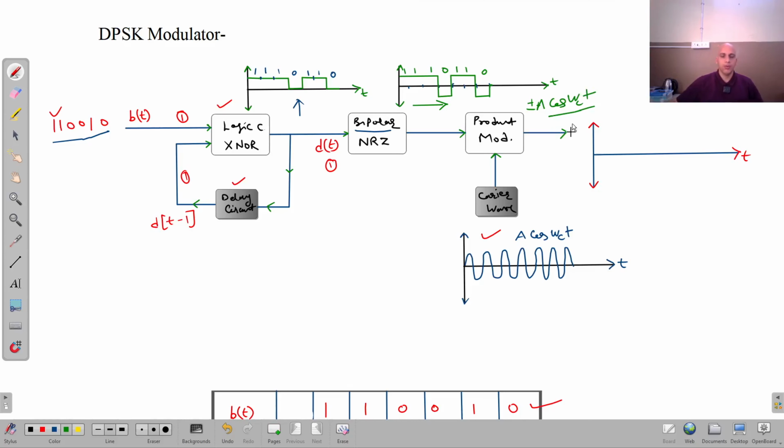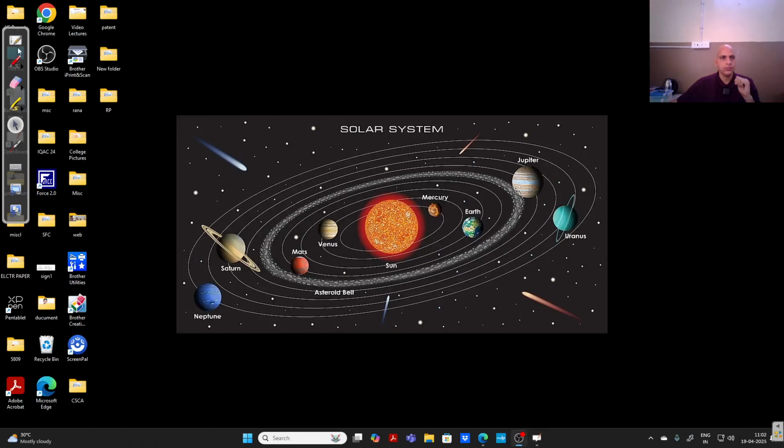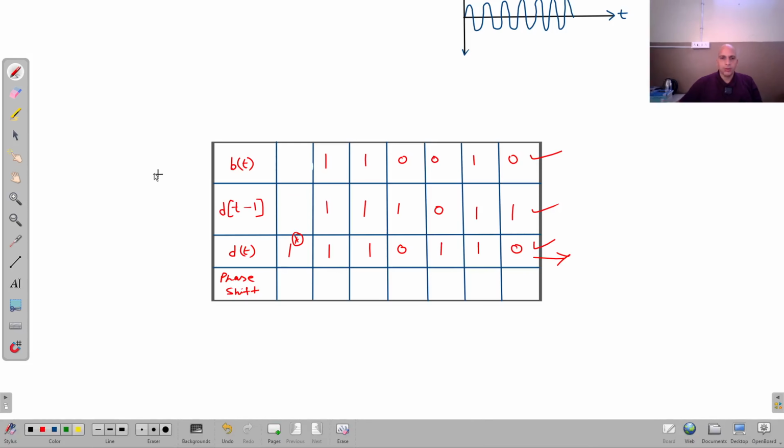Now I am coming once again to the truth table. You can see this truth table. It is clear from this truth table that the new bit stream dt is created in such a way that when there is no transition in the incoming bit stream with respect to the previously transmitted bit, then the bit generated is 1.